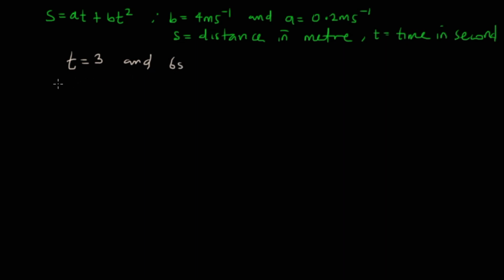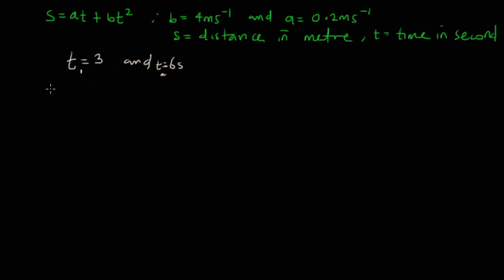So in order to find the displacement between this time interval, we will substitute the value of t. Let's say this is t1 and then this is t2. We will substitute the values of t at the different positions in time.